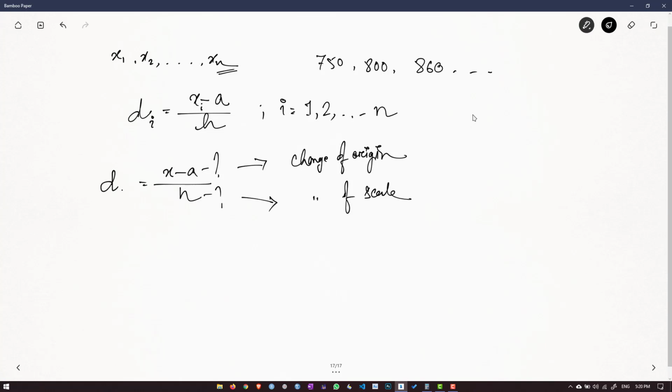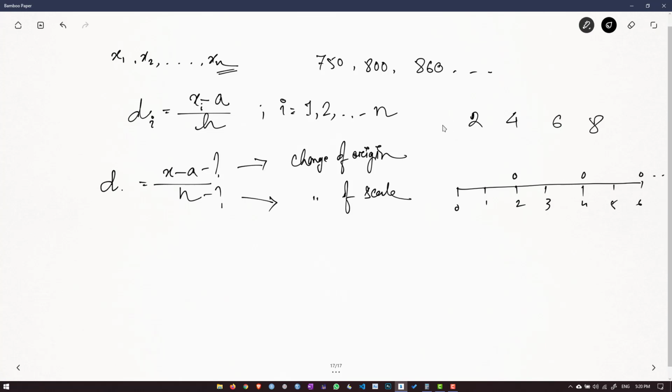Imagine the values are 2, 4, 6 and 8. If you draw these values on a line, 0, 1, 2, 3, 4, 5, 6, the values start from here, right? 2, 4, 6 and so on.